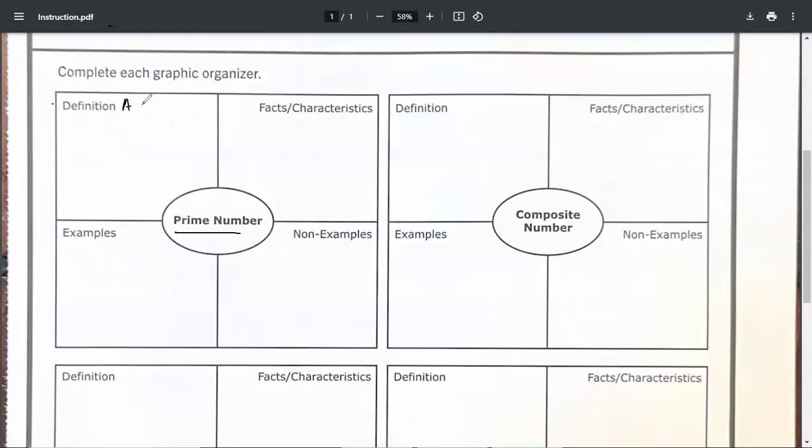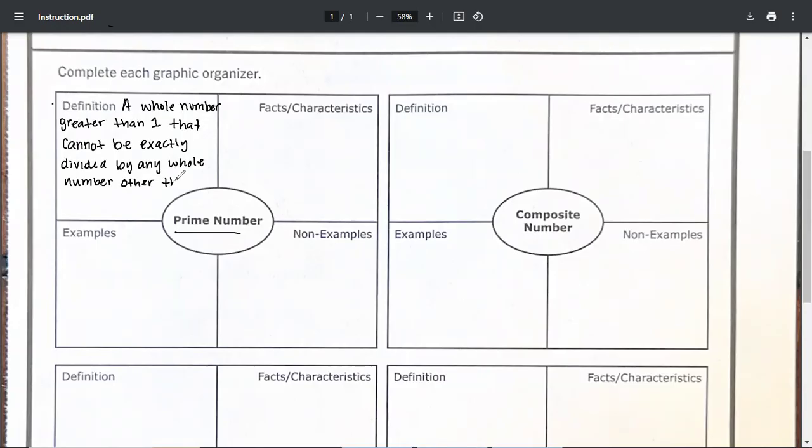So the definition is a whole number greater than 1 that cannot be exactly divided by any whole number other than 1 and itself, right?